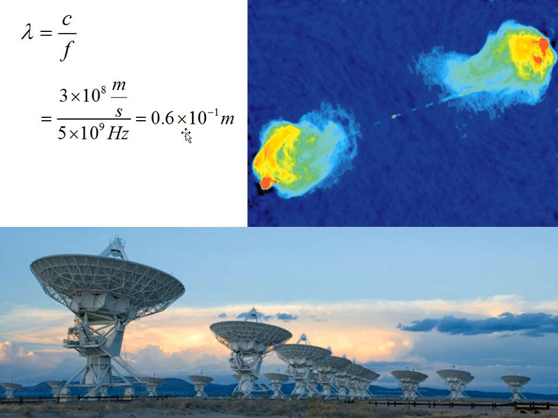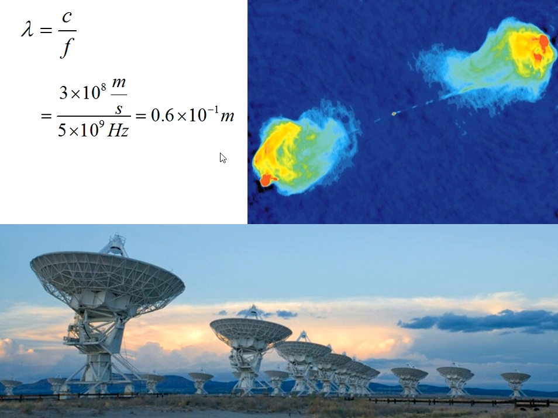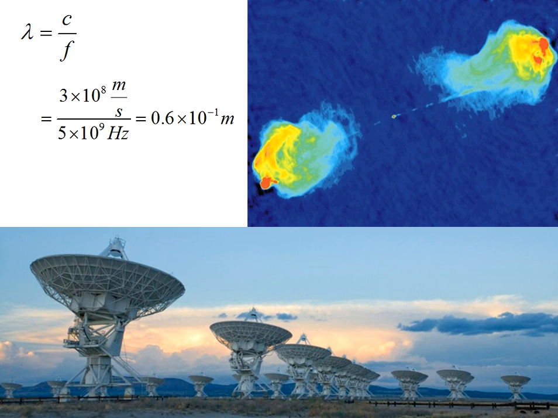So we have 0.6 times 10 to the -1 meters, which we can express as 0.06 meters, because 10 to the -1 meters is really 0.1 meters. It's 1/10 of a meter. So here we have 0.6 times 0.1, so we have 0.06 meters. 0.06 meters is equal to 6 centimeters.